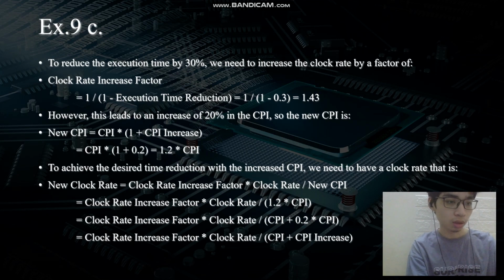Then I solve for the new clock rate using the formula: new clock rate equals instruction count times CPI times 1.2 divided by execution time times 0.7. I find that the required clock rate is 1.7 times the original clock rate, which means we need to increase the clock rate by 70% to achieve the desired reduction in execution time.